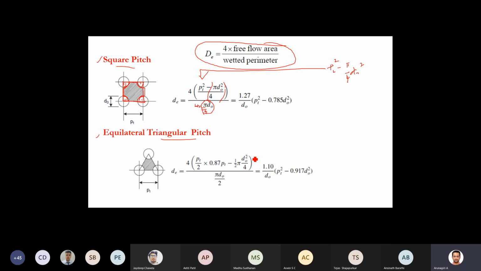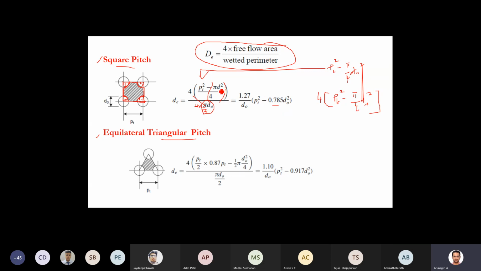So how can you modify this equation? 4 times PT square minus pi by 4 times D naught square. Pi by 4, that is 3.14 divided by 4, you will get 0.785.